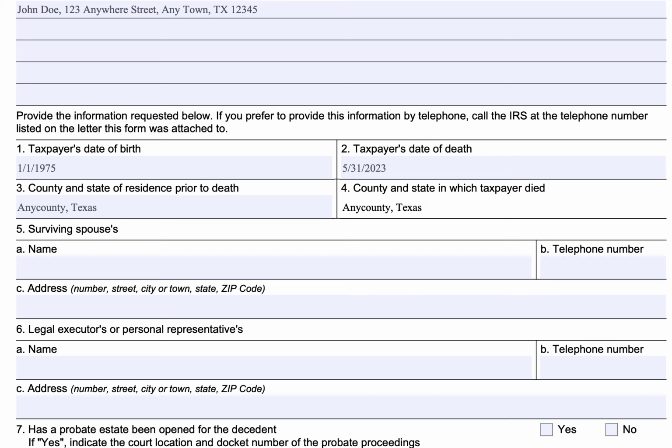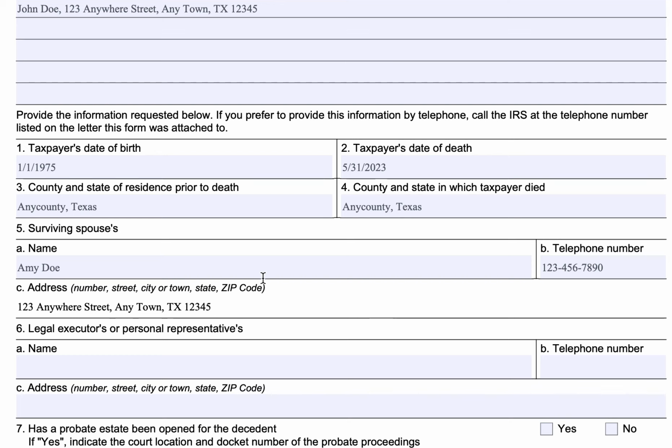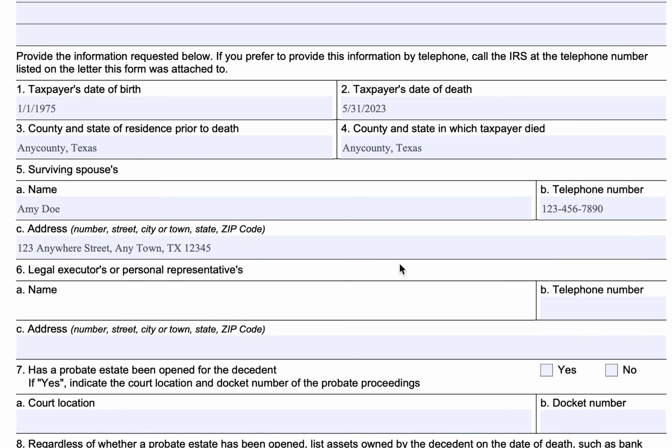Now, line 5, if you're a surviving spouse, then you would put your information in line 5. Surviving spouse could be, and then if the legal executor or the personal representative of the decedent's estate is different from the surviving spouse, you can put their information here.